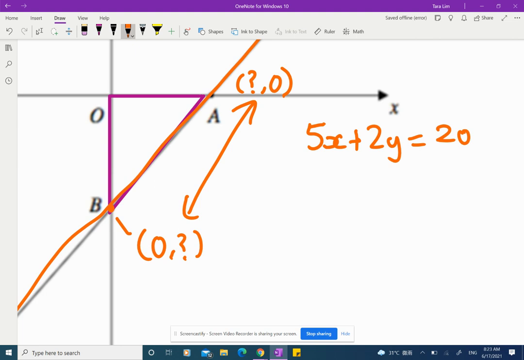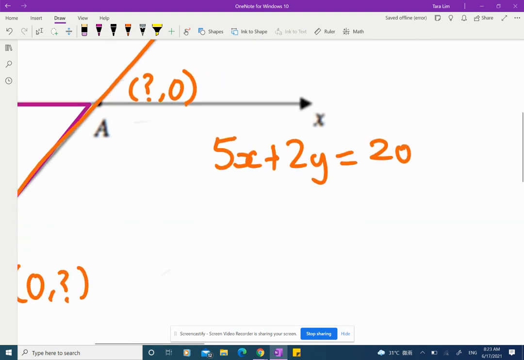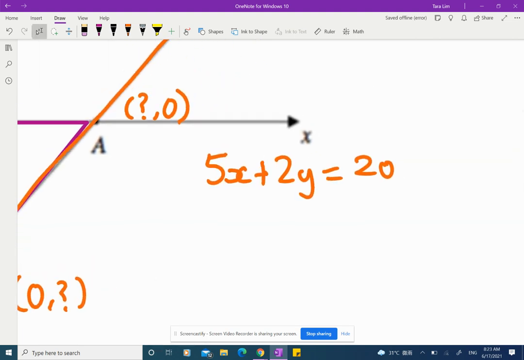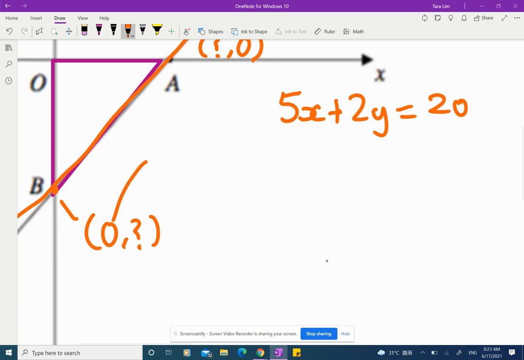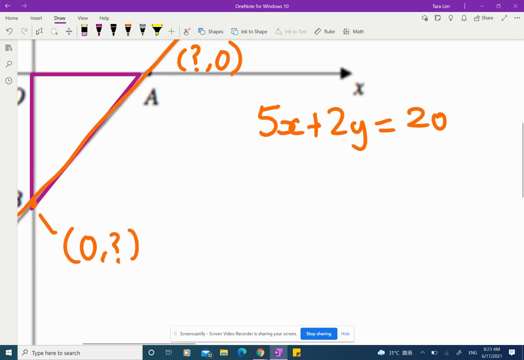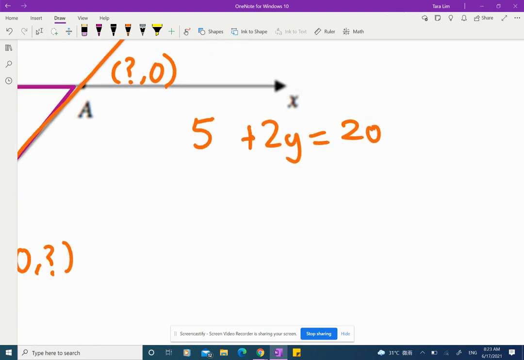So A and B have different coordinates. Now, if x is 0, we substitute into the equation: 5 times 0 is 0, which leaves us 2y equals 20.